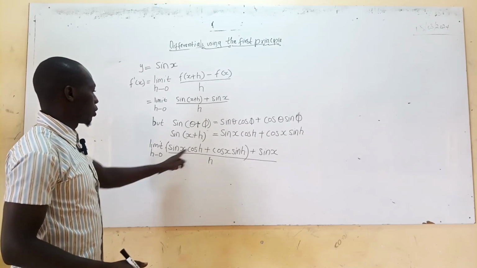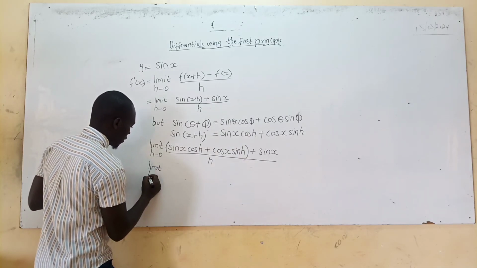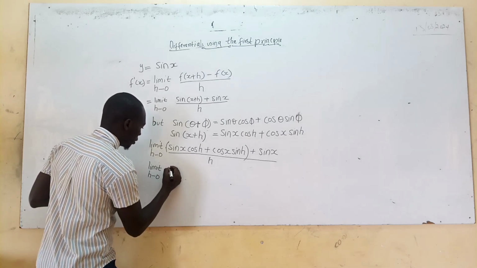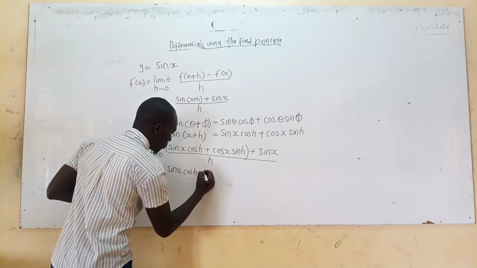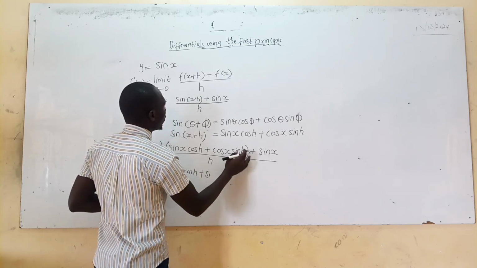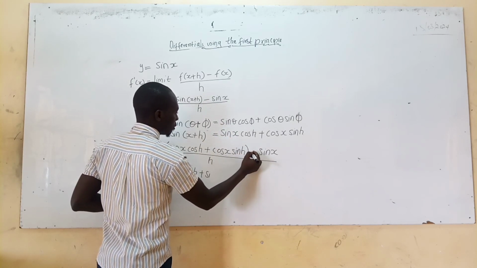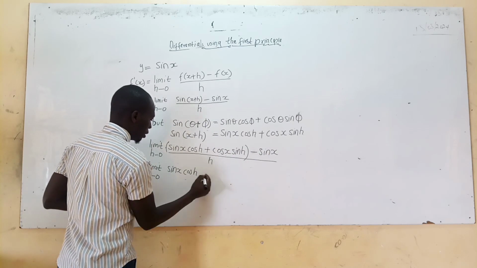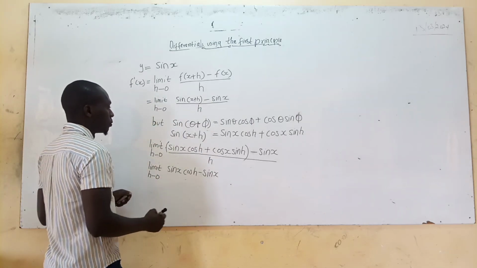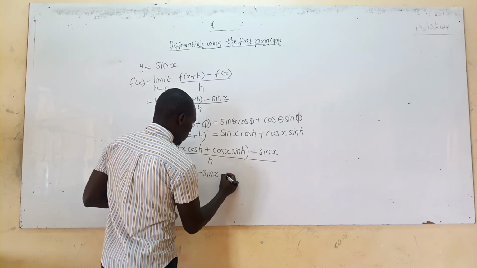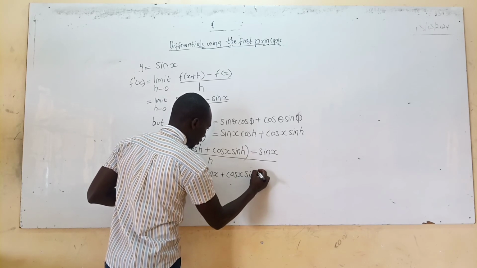So we are going to connect the like terms together, and we are going to have the limit as h approaches 0 of sine x cos h, here supposed to be a subtraction, and here we are going to have sine x, plus cos x sine h.